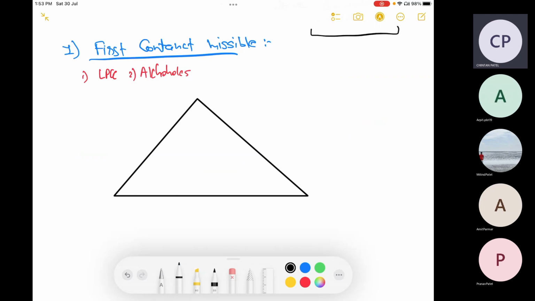While drawing it, be cautious about one thing: this is C1, then this must be C2 to C4, and this is C7 plus. Otherwise it will change according to the axis values. Okay, and suppose this is my plait point.